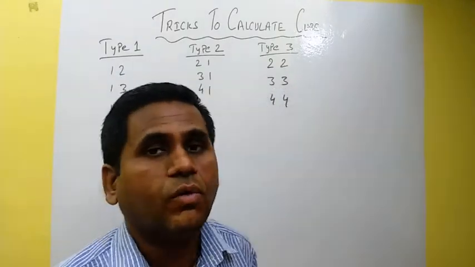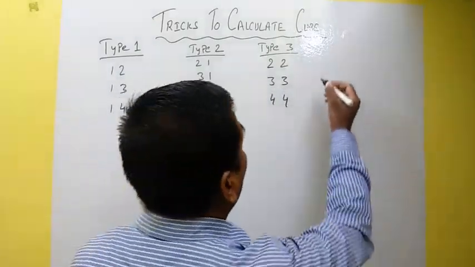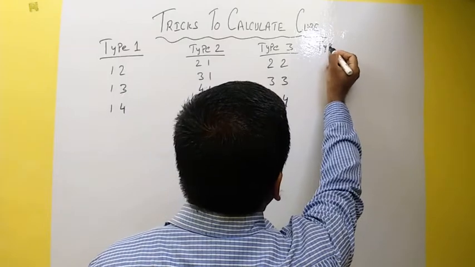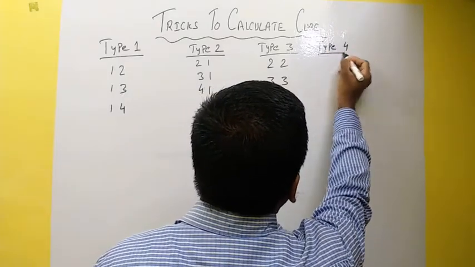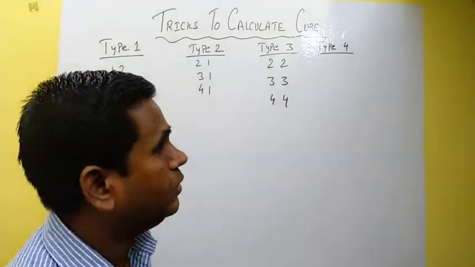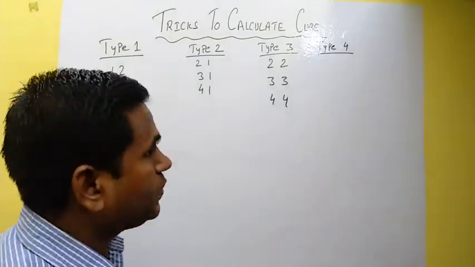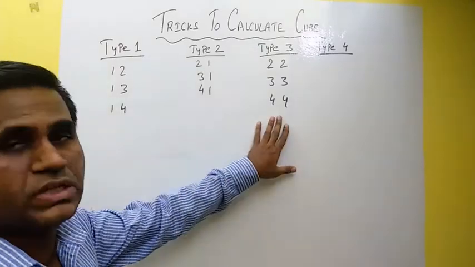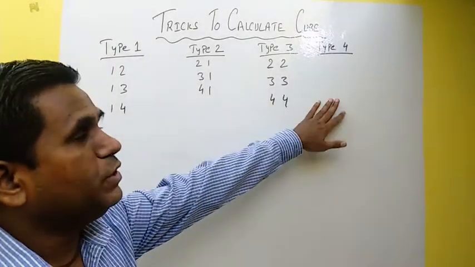Now we have the fourth and last type, and in all these four types we will cover all the numbers which come between 11 and 100. In type 4 you will see all those numbers which do not fall in any of these types.